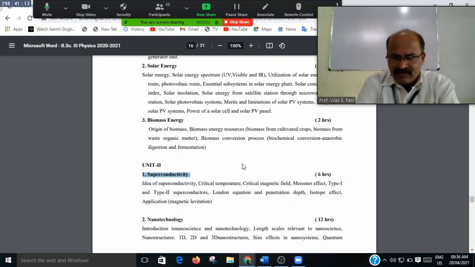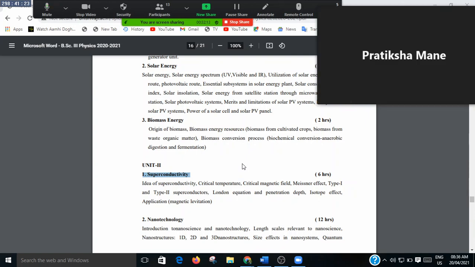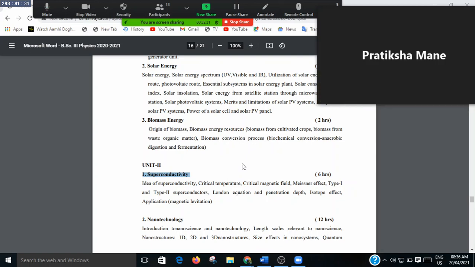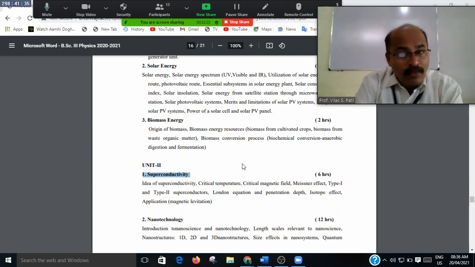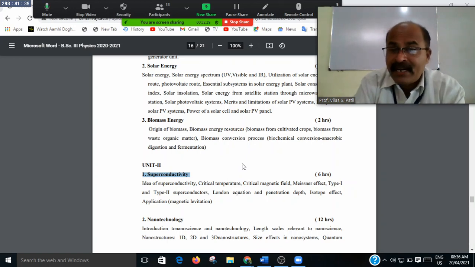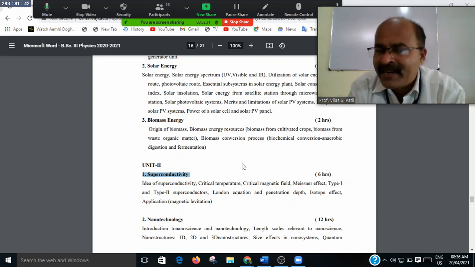It means some of the researchers rely on the fact that superconductivity is not a state of matter, but it is a phase of matter.